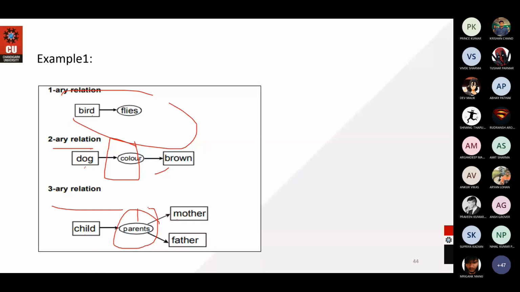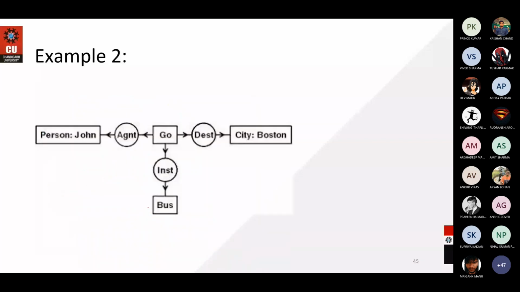Similarly, example 2 represents objects. In this case, you can see one object is person, that is, we say John is a person. City, Boston: we say Boston is a city. And then there is one entity, that is go. This is representing the agent and this is representing the destination. So here we say the person John goes somewhere.